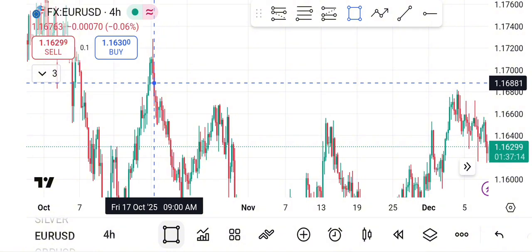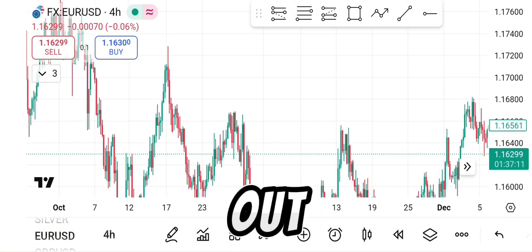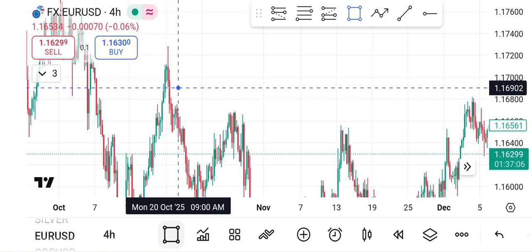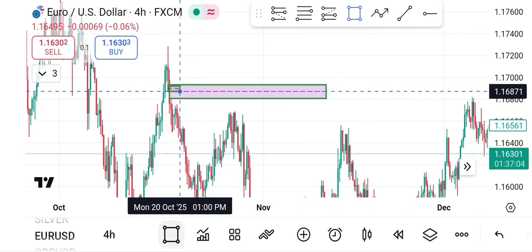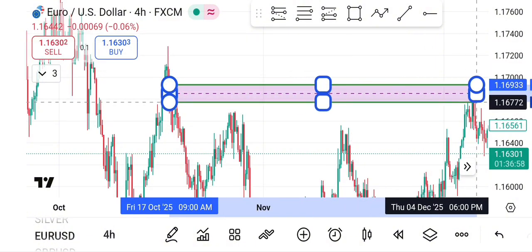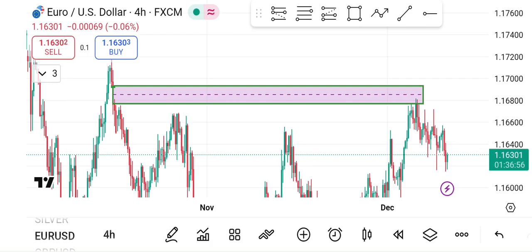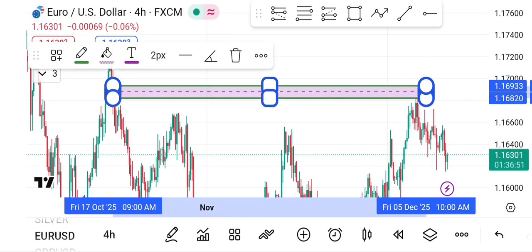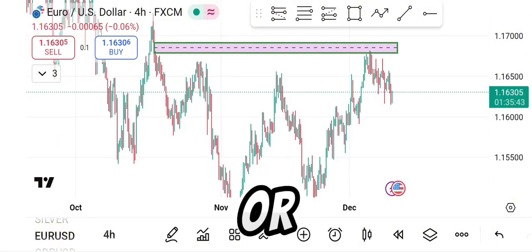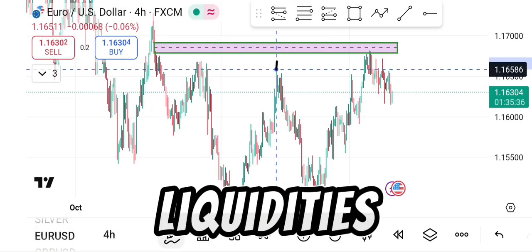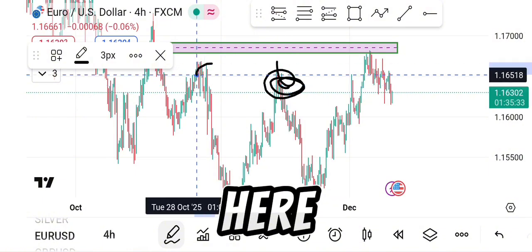So I drew out the fair value gap I saw. I don't know if there are beginner traders here or advanced, but you should see that obviously there are inducements and liquidities here and here.